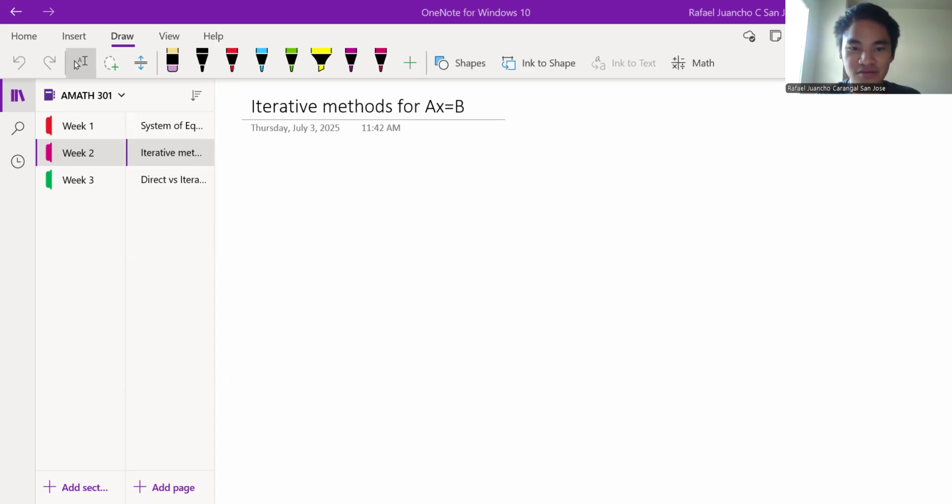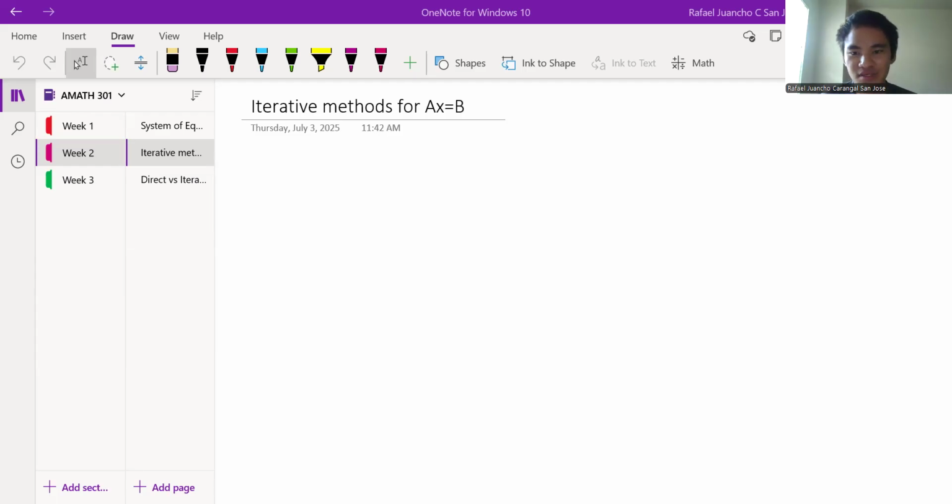Let me just Google that real quick. Iterative numerical methods. I'm not gonna go into that because it's linear algebra. I haven't taken a linear algebra class before. We're just gonna go through the basic iterative solution methods here.